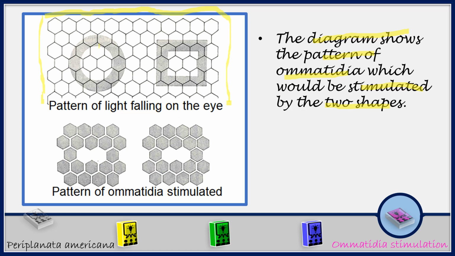When you project light, you have light projected in a circular form, and then you have another light projected in the form of a square. How is the insect going to perceive these ones? These are the patterns of light falling on the compound eye.